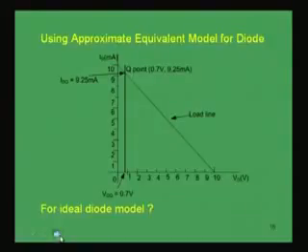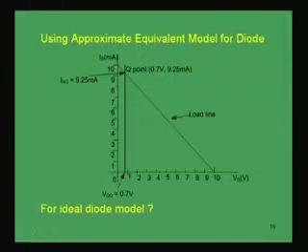We have seen that 0.7 volt is the cut-in voltage. Instead of this whole non-linear characteristic curve, which is very difficult to measure accurately and is not needed, we draw this approximate equivalent characteristic: 0.7 volt, after which the current rises infinitely.